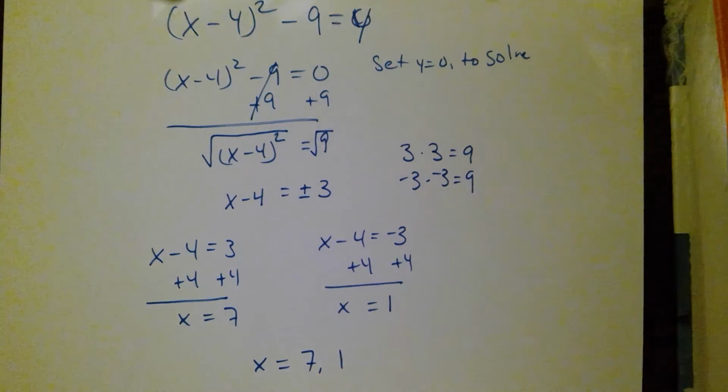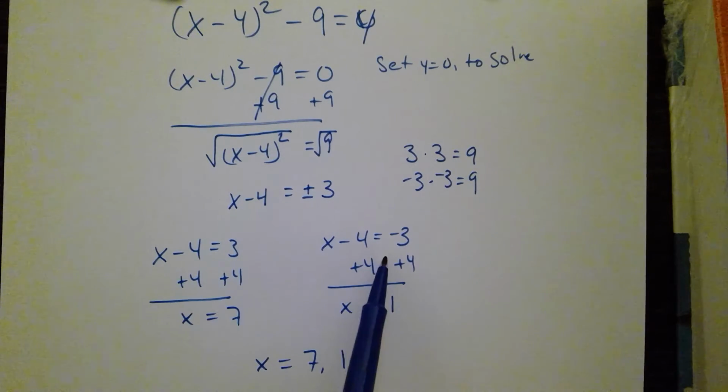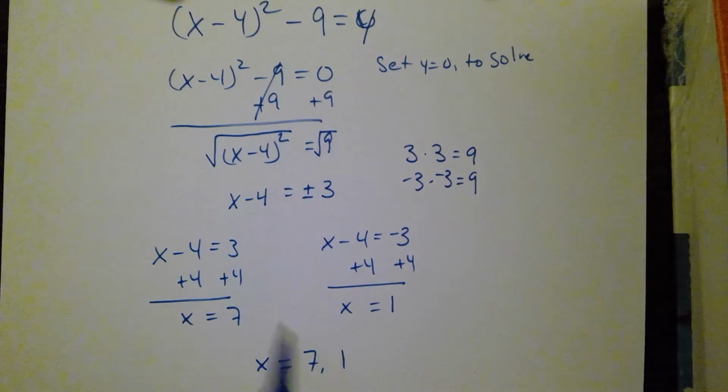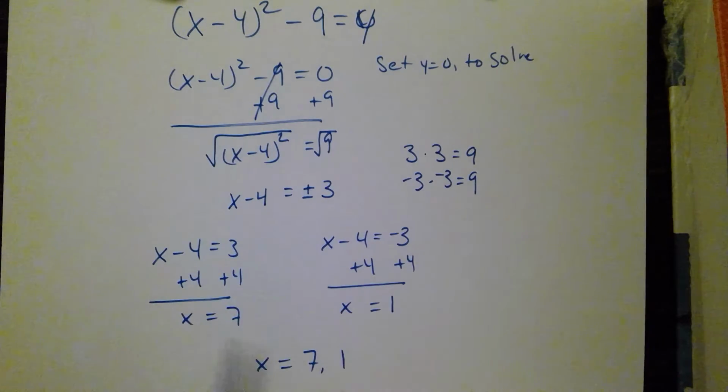Notice how we have two equations here. That means we have two different solutions. That comes into mind with this exponent of 2. If we have an exponent of 2, we have two solutions. In a linear equation, we have an exponent of 1, so we have one solution.